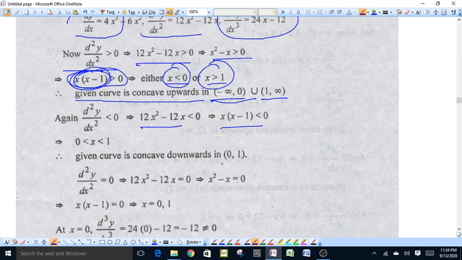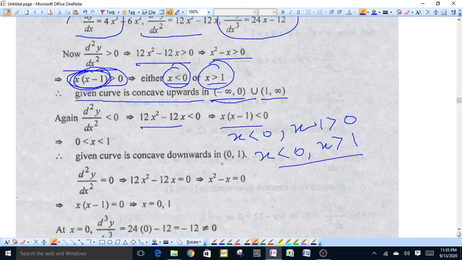This is only possible when x is negative and x minus 1 is positive, that is x is less than 0 and x is greater than 1. This is not possible. Any value of x will not satisfy these two conditions simultaneously.